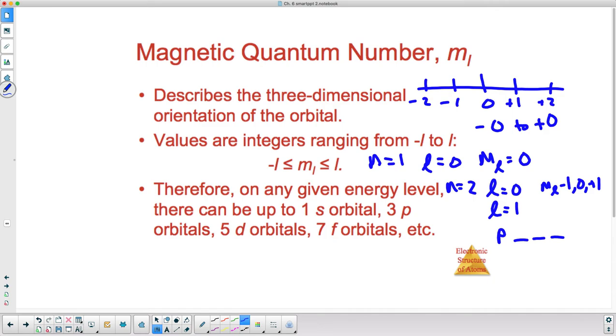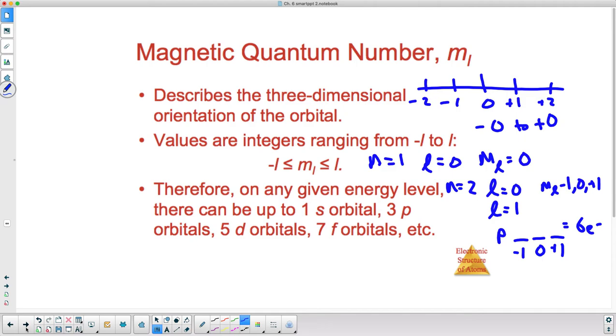Okay, and each orbital holds 2 electrons. That's why P can have a total of 6 electrons possible. So these orbitals are actually -1, 0, and +1. This is where the azimuthal quantum number and the sublevels, the magnetic quantum number and the orbitals are exactly the same thing. This is why P has 3 orbitals.